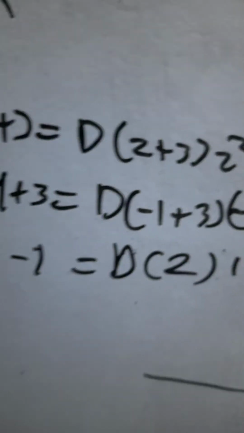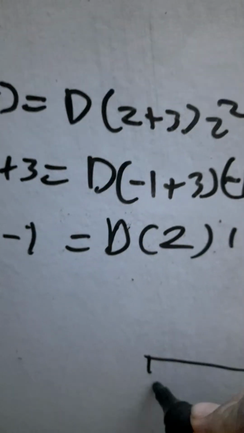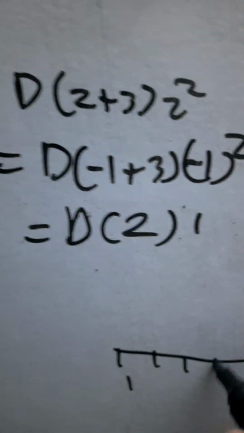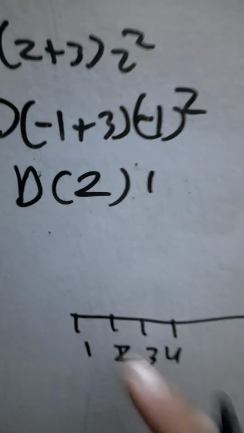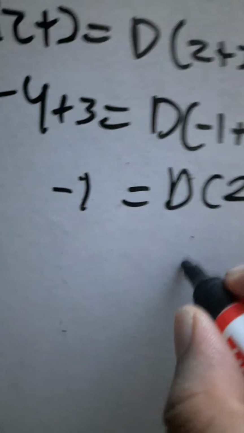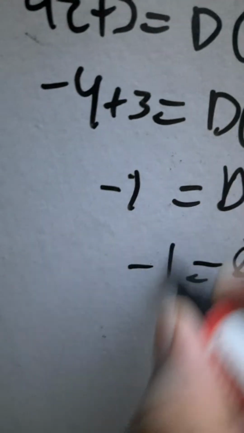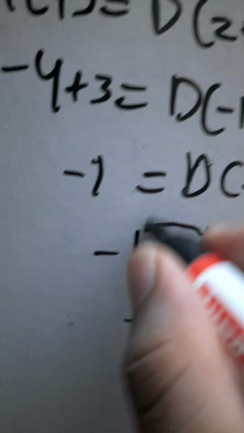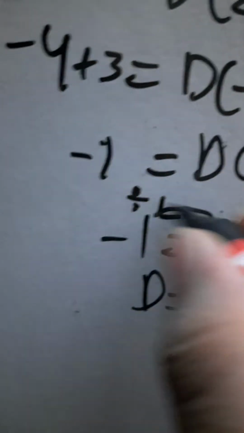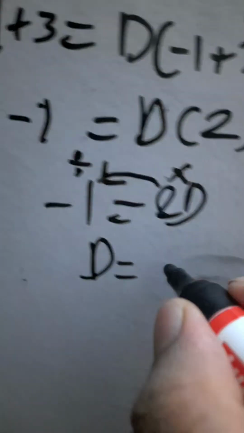Like in a number line, 1 plus 3 is 4, right. Now 2D is equal to minus 1, then D is equal to minus 1 by 2. This is in multiplication, here it would come in division.